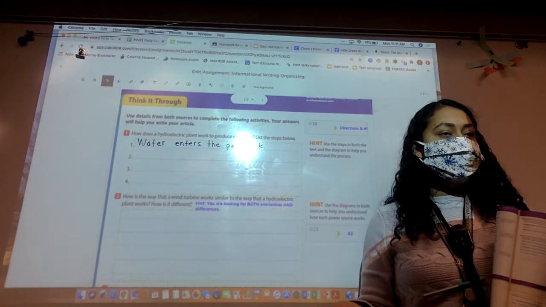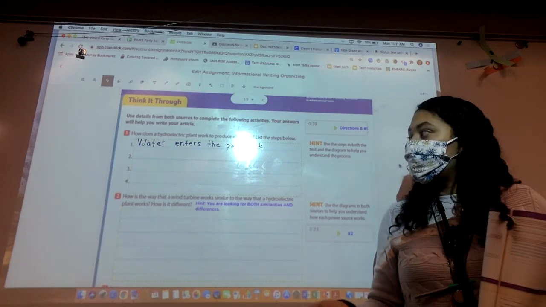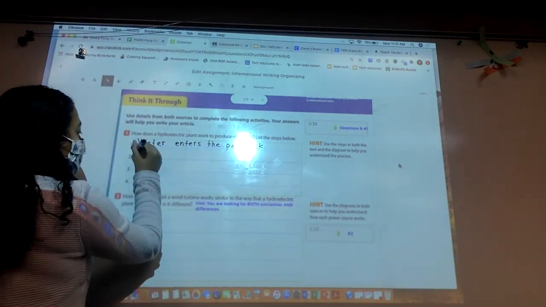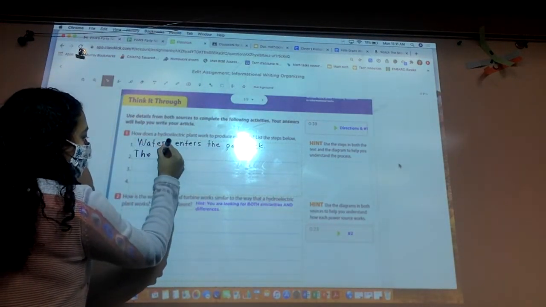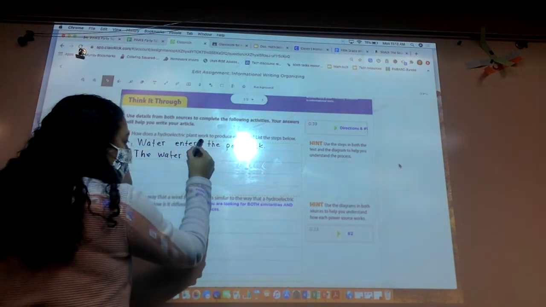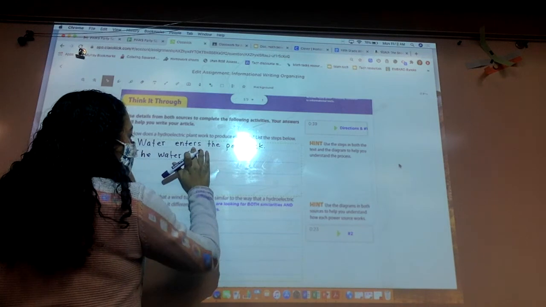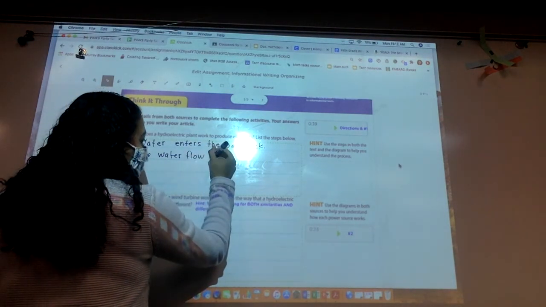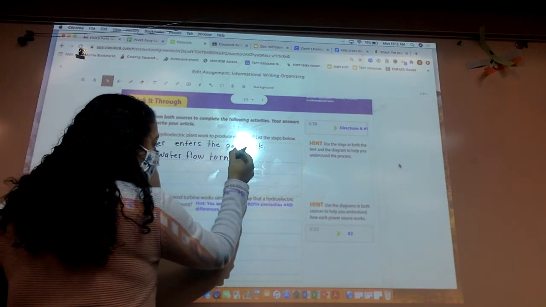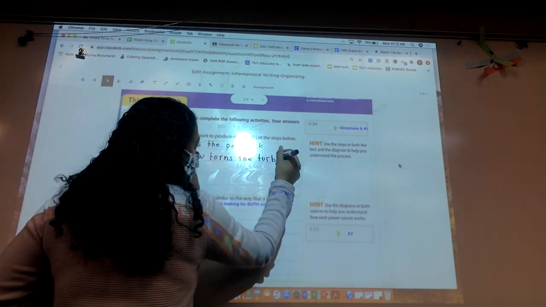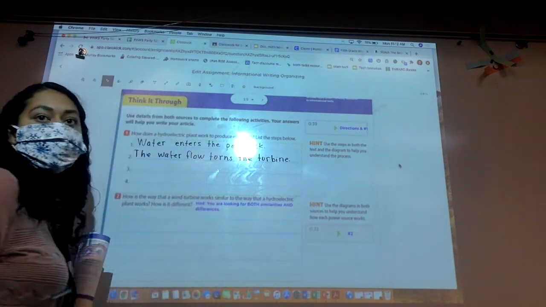Okay, what happens after the water enters the penstock? The water pushes the turbine. Okay, so the water flow turns the turbine, period.